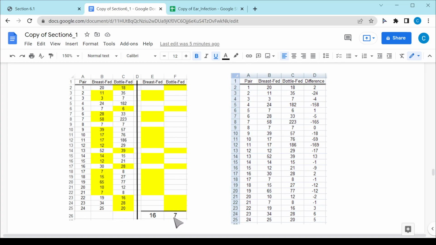Now, when we did this analysis before, we needed to worry about the fact that ties were not allowed. So here, that's a tie, and I don't actually give a tally there for that one.